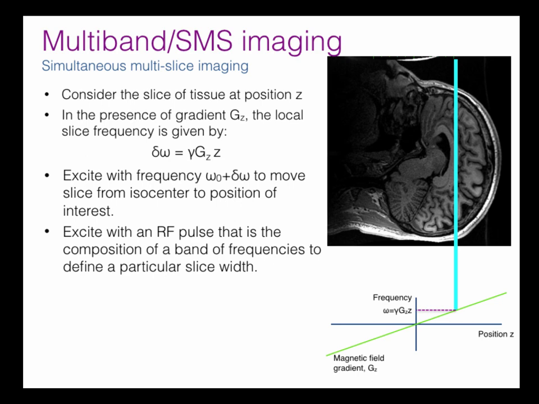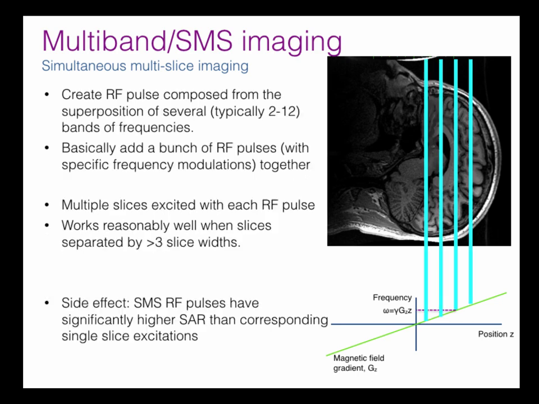So if we generalize that, we can now imagine a situation where we acquire multiple slices by having several groups all superimposed. You just take the RF pulses and combine them all together with a particular frequency modulation. You excite multiple bands because it's a resonance method.